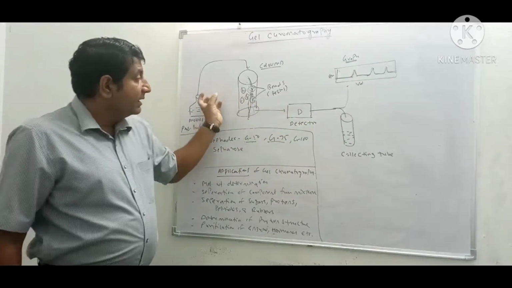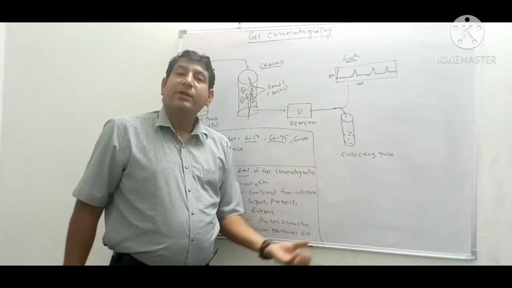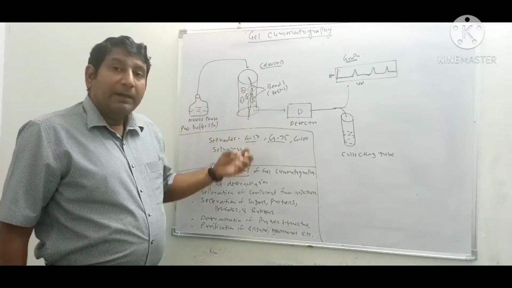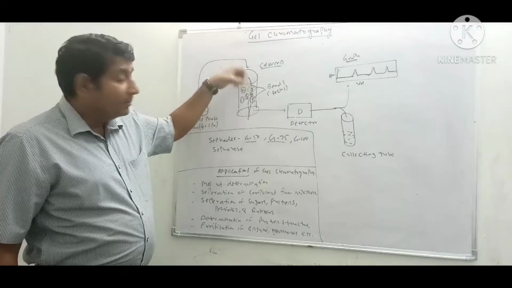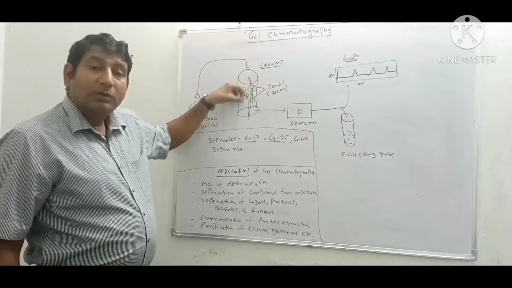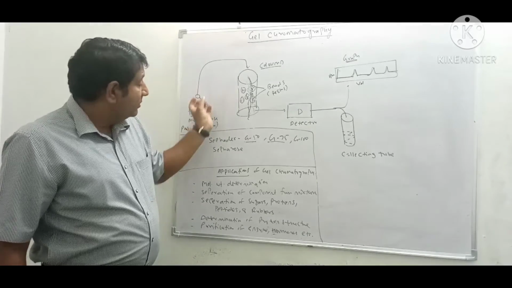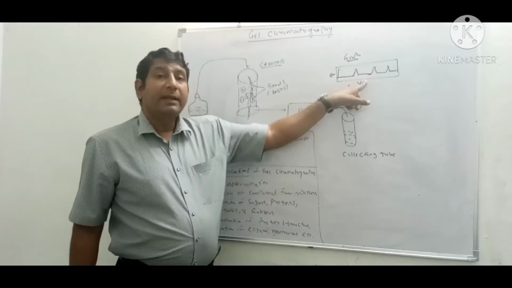After that, all the larger particles have come out, the smaller particles are still coming through the pores in the resins, and meanwhile the mobile phase again comes into the detector and we see a flat line.